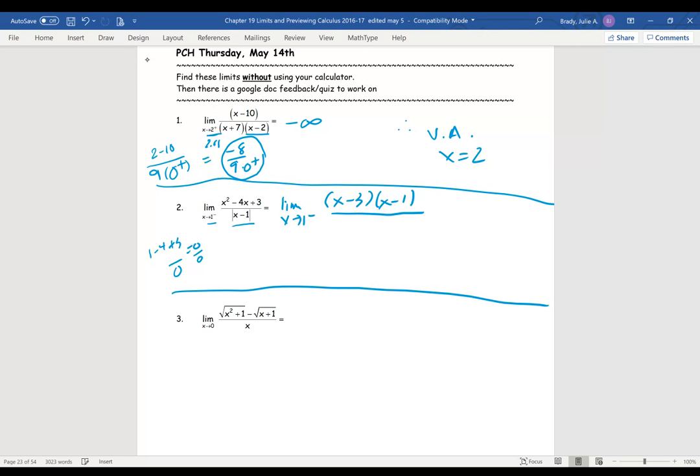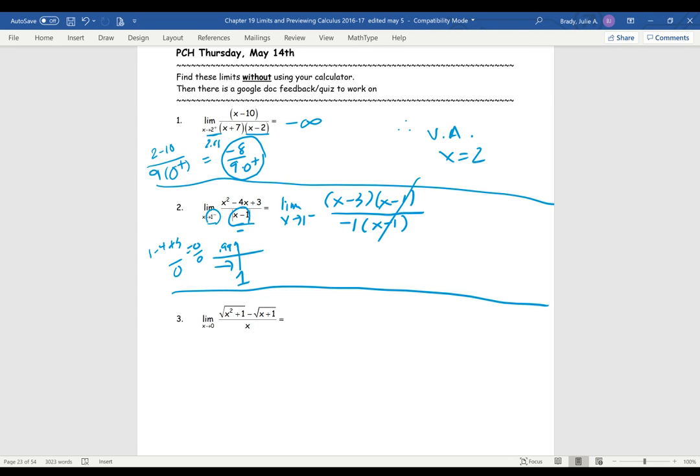And then to deal with the absolute values, if you are coming at 1 from the left, pick a number like 0.999. Okay, so if you put that number in there, this is a negative number. So to take out the absolute value bars, you need to take the opposite of it. So let's do minus 1 times x minus 1. And now we want to see if we can factor.